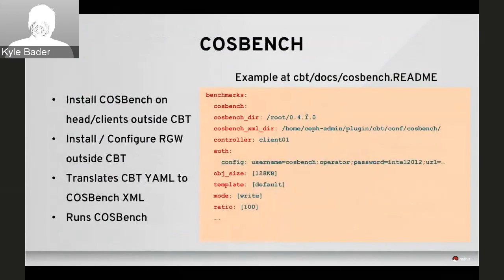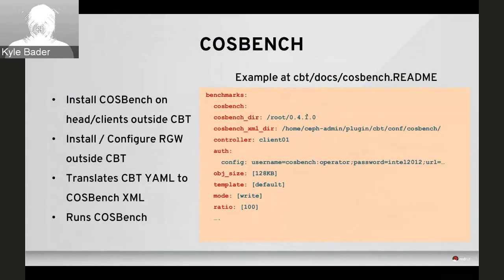And then finally, there's COSBENCH. If you want to exercise the Ceph RGW, you configure the RGW outside of CBT, and you'll install the CBT drivers on both the head node and the clients ahead of time.